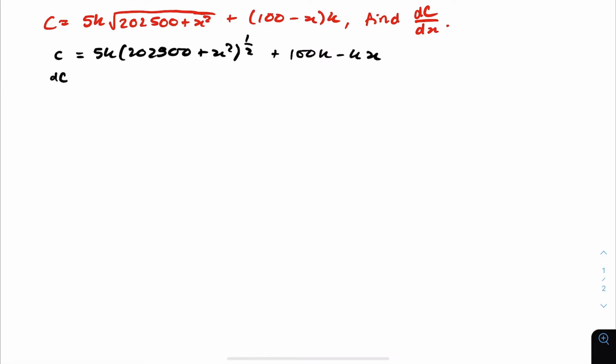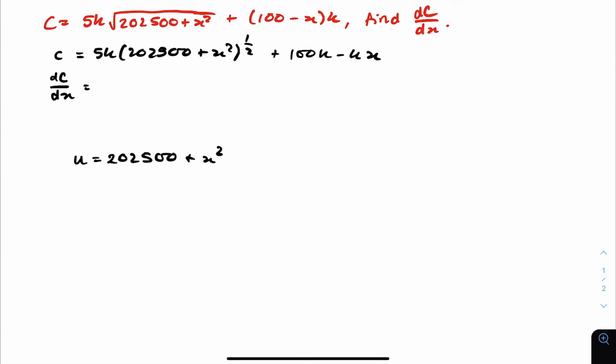So dc over dx is equal to, so the first thing you have to notice is that this here will require the chain rule because it's got a large bracket which is raised to a power, times the coefficient. So let's let u equal 202,500 plus x squared.